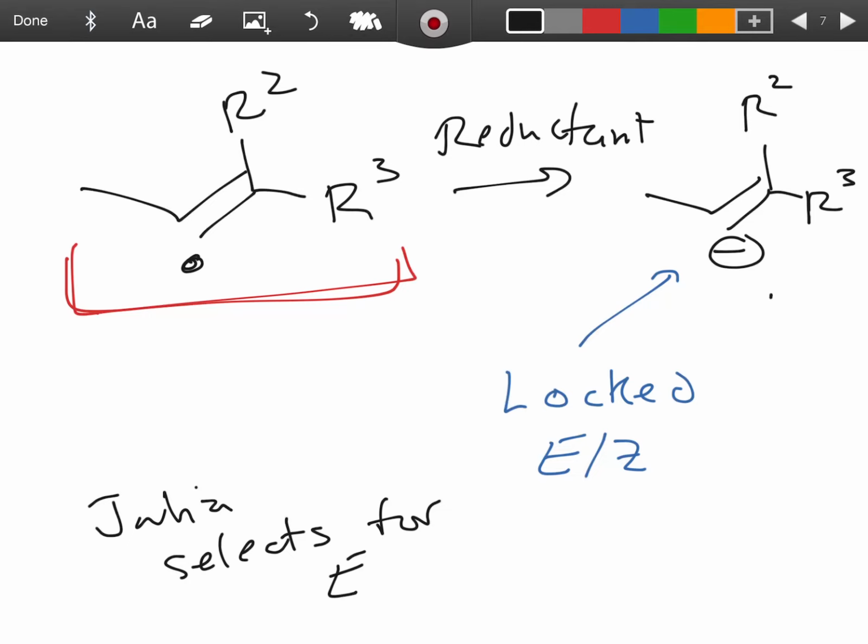So at this point, then there is a source of proton that will come in, usually in the workup, and that will lock your conformation.